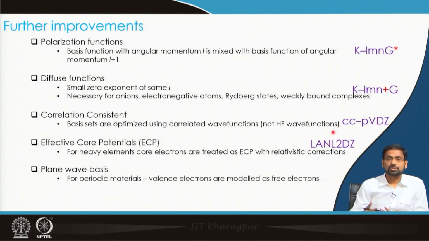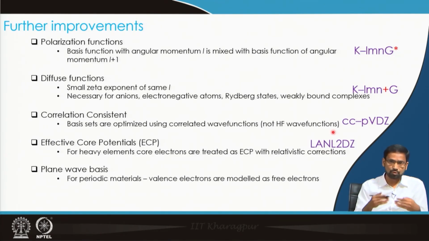Most of our discussion has been focused on molecules, but let us say, in extended materials or periodic systems, you have several metal centers. In those cases, these atom-centered basis functions are not very helpful. In those cases where we have periodic materials where the electron is delocalized over an extended range of space, we often use the valence electrons as free electrons.